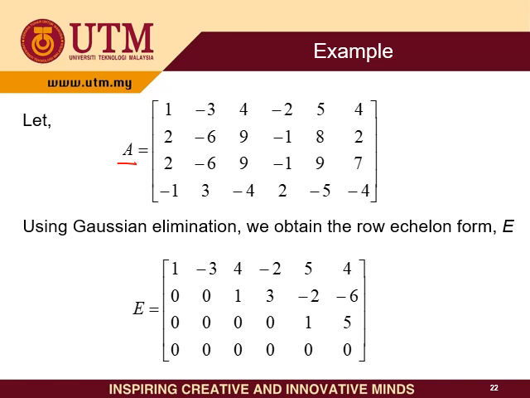So what we must do is change this matrix to a matrix that is in row echelon form by using our Gaussian elimination row operations. As we can see in matrix E now, we have our row echelon form.